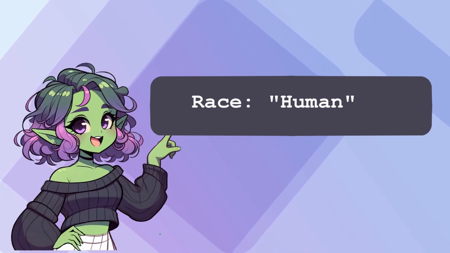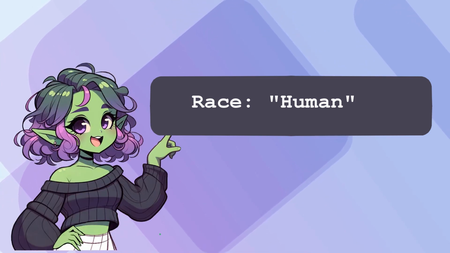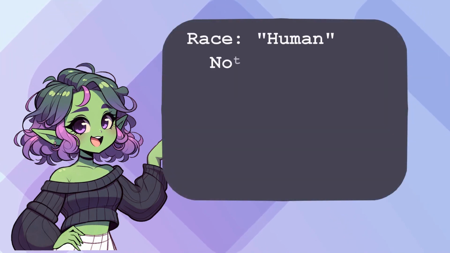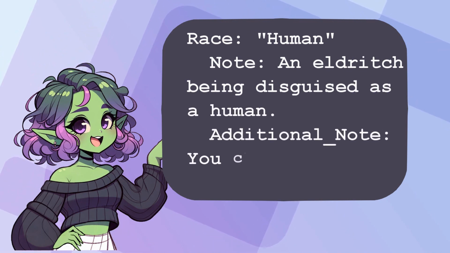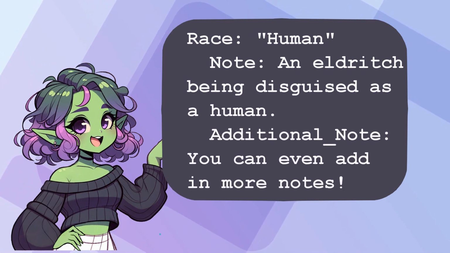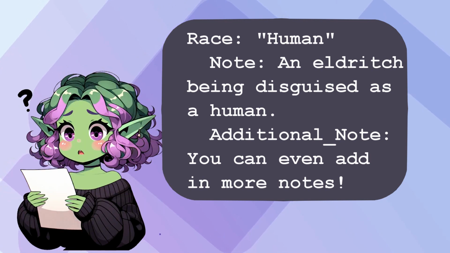While we use the variable human, it's not quite specific enough for our needs today. We'll add another subgroup to this label, something like note. And in the note, we can specify that Hoster's human form is merely a disguise. The first line still reads race, quote, human, unquote.